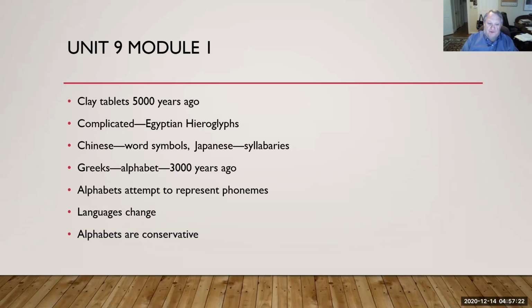So remember, even today, the Chinese use a writing system that's basically word symbols. And the Japanese use a system of writing that's basically syllables. So even today, we do not have alphabets everywhere in the world. But we do have alphabets for most languages. The alphabet has spread and covered most languages, but not perfectly, as I just described. And this brings us to the end of Unit 9.